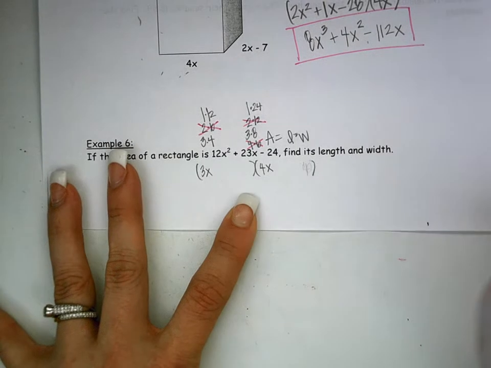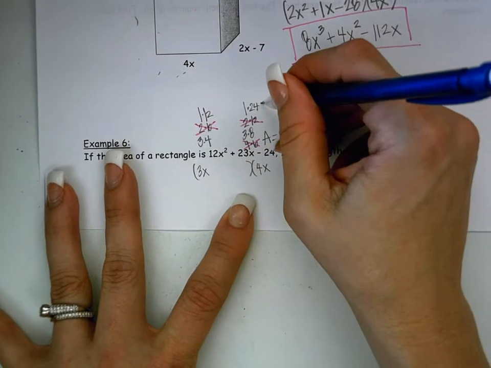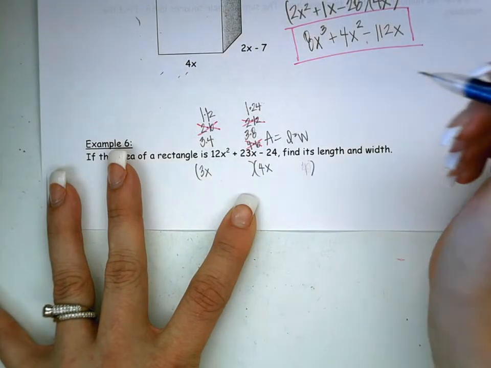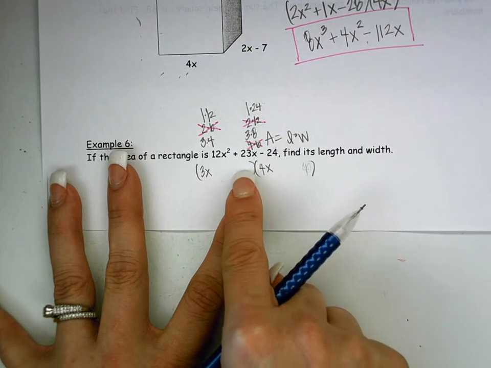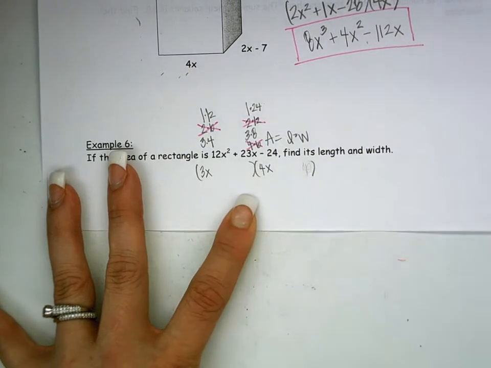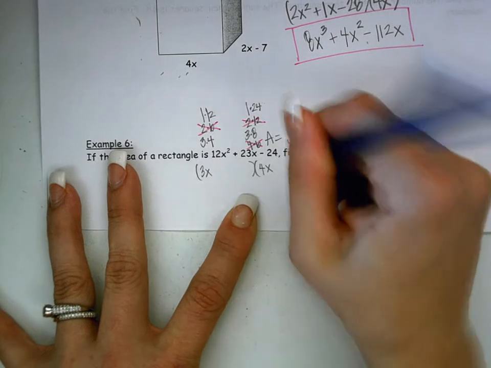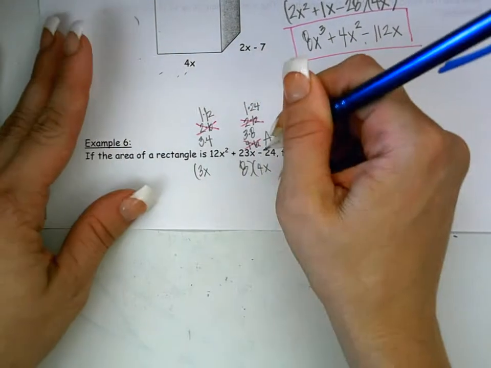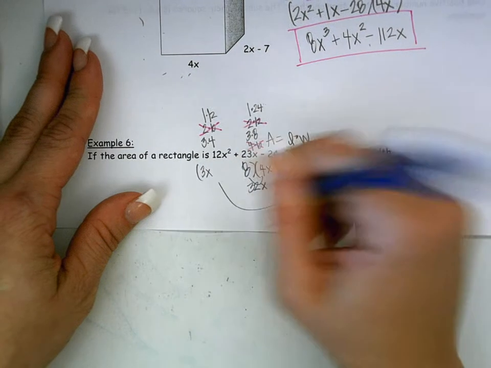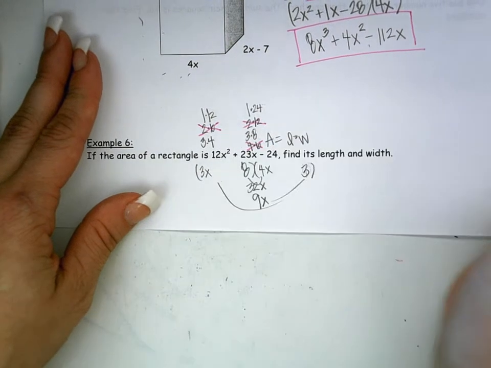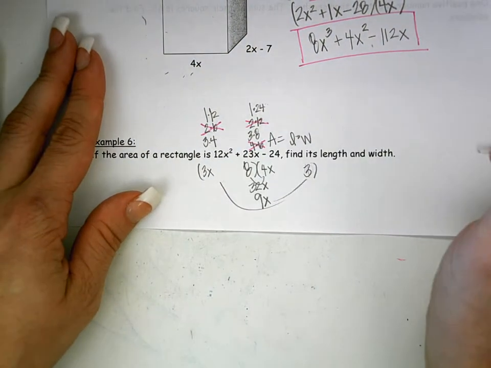Now, for the back, do you want to use 1 and 24 or 3 and 8? 3 and 8. Could I put the 3 in the first one? No, there would have been a GCF. So there are ways to limit the amount of options. If you multiply these through, this would give you 32x. The outsides would give you 9x. Can you make it so that 32 and 9 gives you 23?